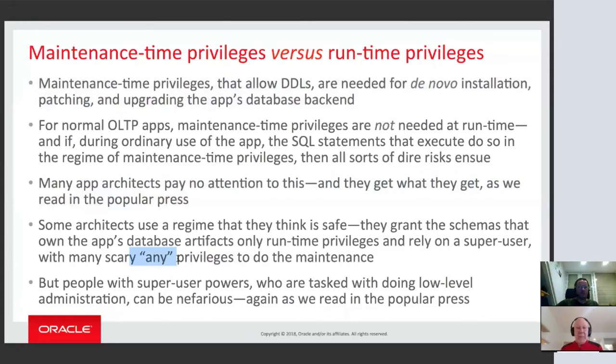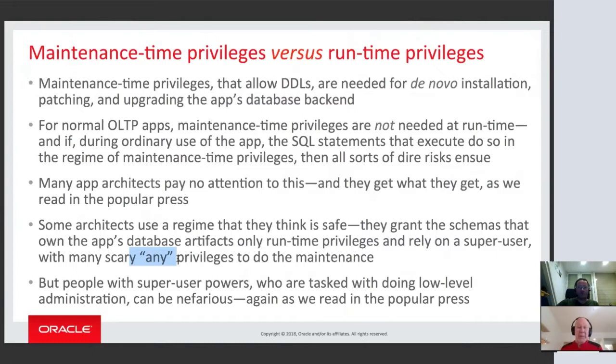And the simple thing to say there is that various studies have shown that any human being who knows the password to any Oracle user that has at least one of these any style privileges, and who is obviously nefarious, can find a way, just by Googling around and then doing it, to escalate their privilege regime to full-on DBA. Okay?